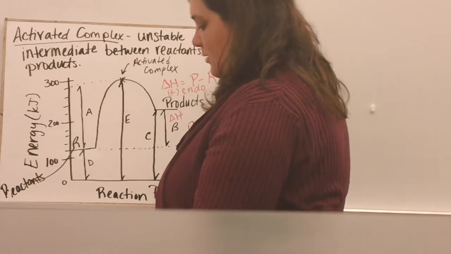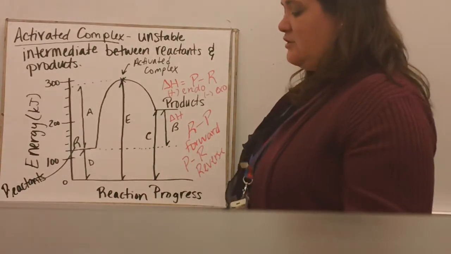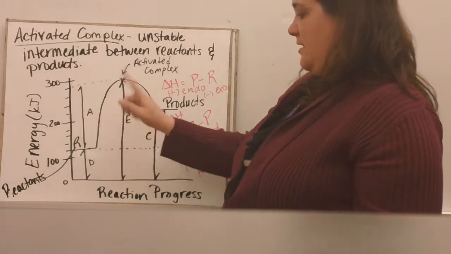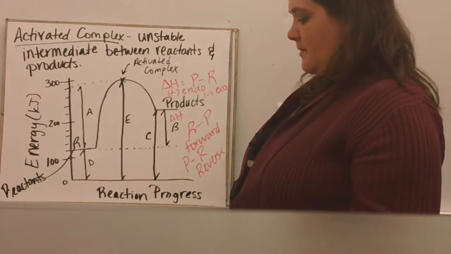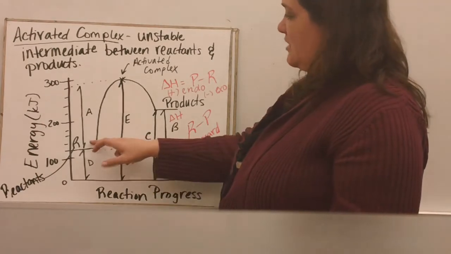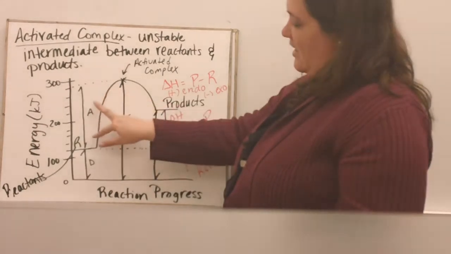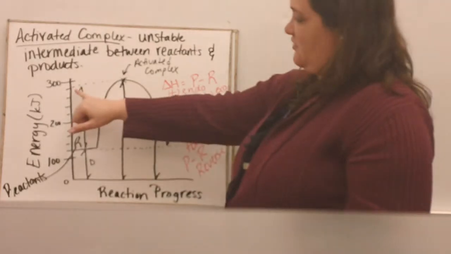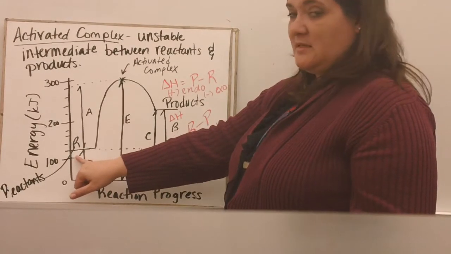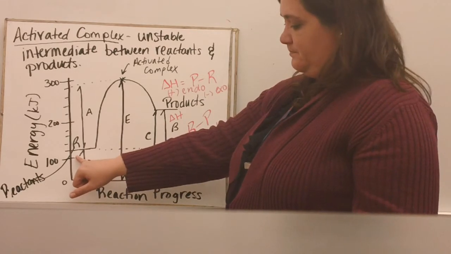Number 1 says which letter is the energy of activation for the forward direction? Again, that's interval A. Question 2 says what's the energy of activation in kilojoules? So how much energy does the interval A represent? Again, that's the difference from 280 to 120, and that's 160 kilojoules.